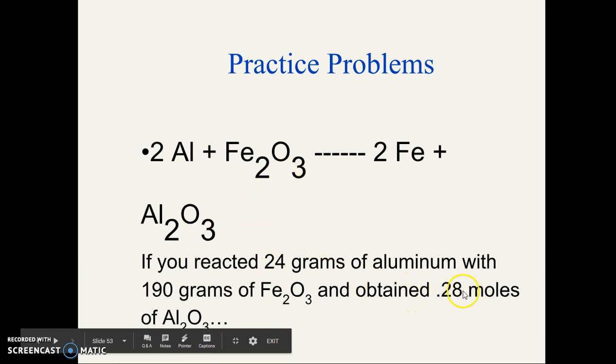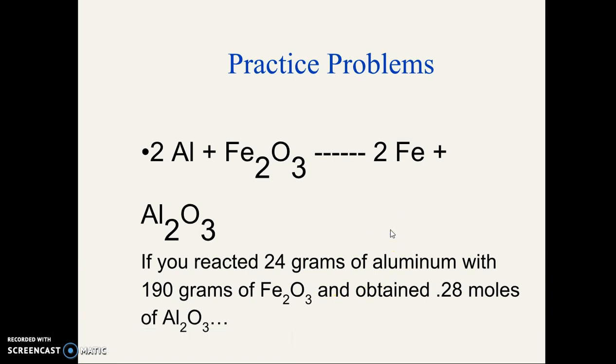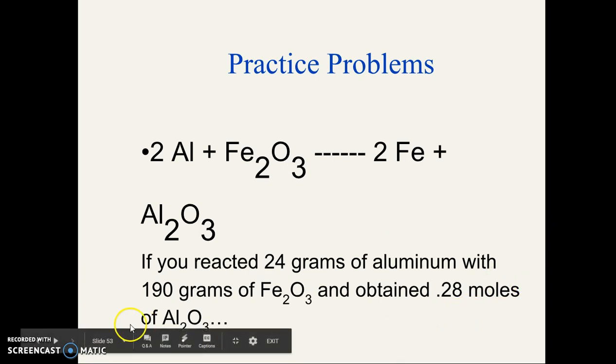And it tells you that you get 0.28 moles of Al2O3, so one of these two is going to give you 0.28 moles. You just have to figure out which one is the limiting reactant. So that's your goal: to go, okay, which one actually gave me 0.28 moles of Al2O3? One of these is going to be in excess, and one of them is going to be the limiting reactant.